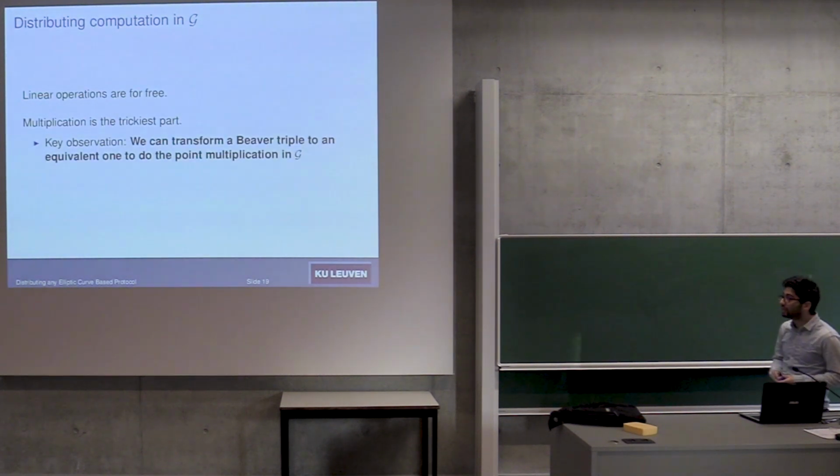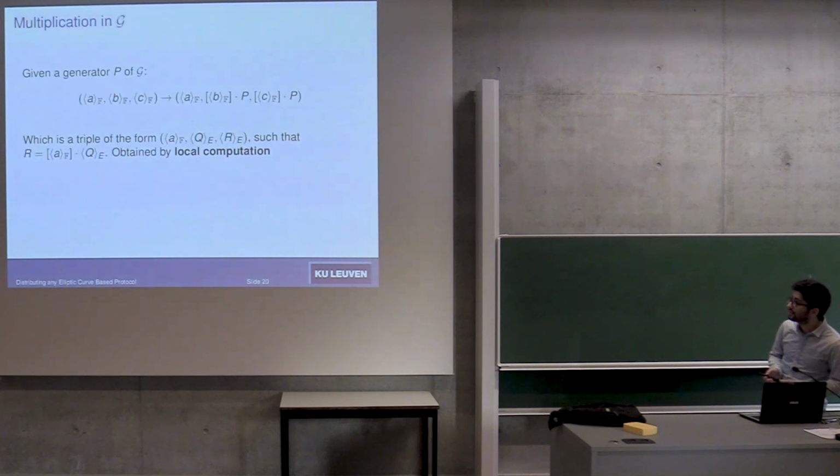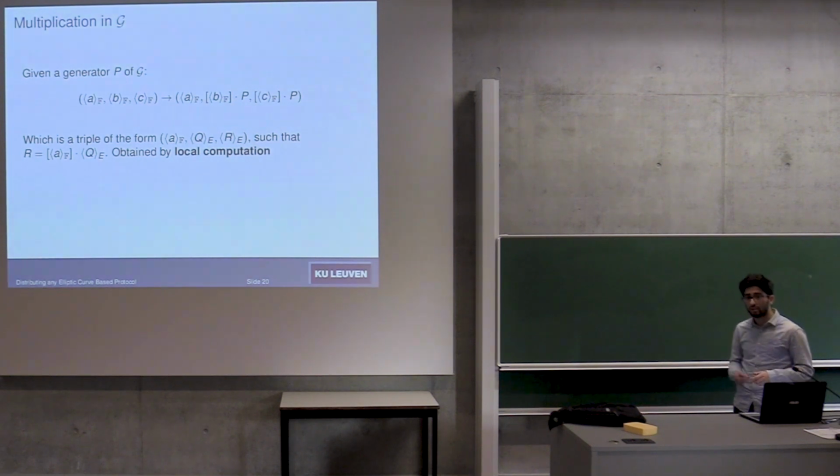And for multiplication, the observation we made is that we can take one Beaver triple, remember the ones used for multiplication over the field, and map them to equivalent triples, and we can use those triples to do multiplication over the elliptic curve. How did we do this? Well, we take a Beaver triple over the field, and the players need to agree on a generator of the curve.